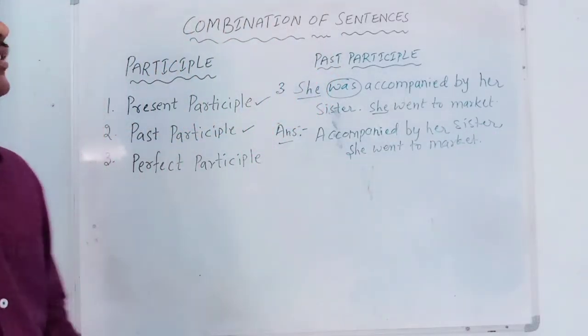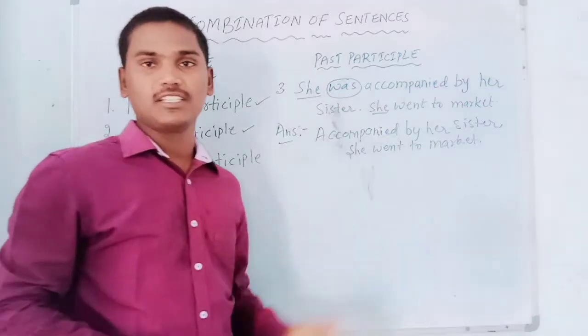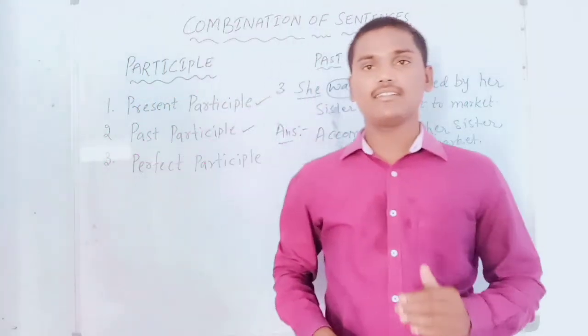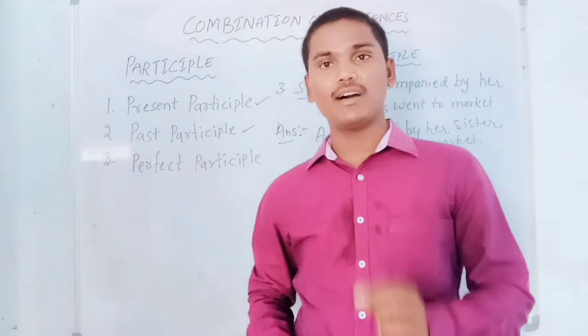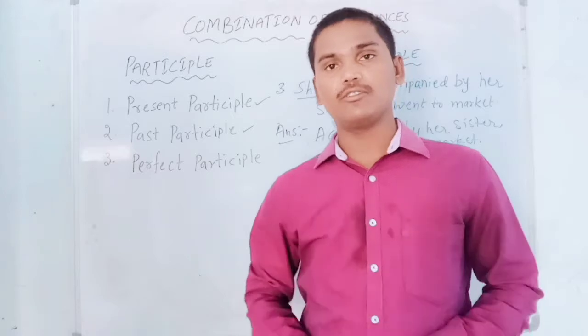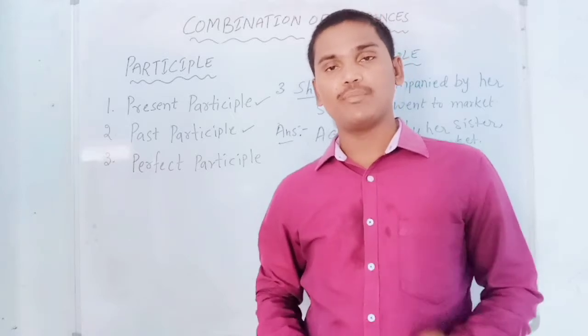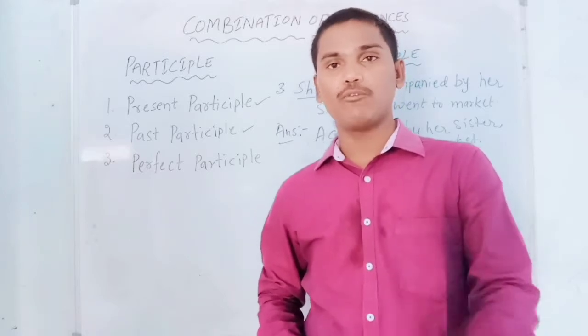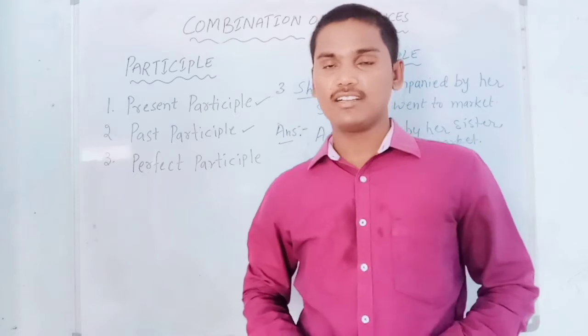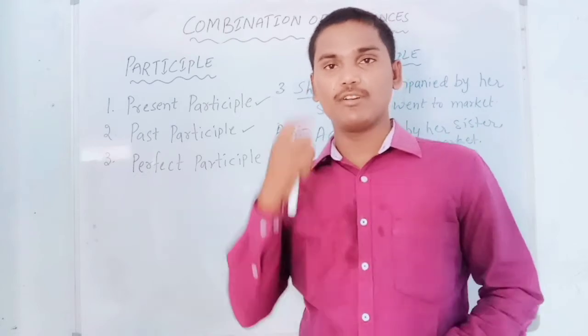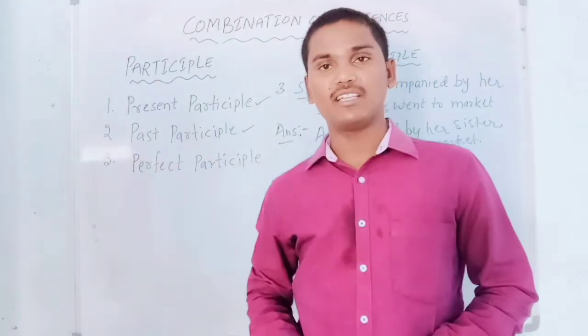Okay, students. So this is the way to combine two sentences as a single sentence with the help of past participle. Once again I would like to remind you, past participle is nothing but the V3 verb form we have in English. Whenever we get helping verbs, we need to remove those helping verbs in the answer.